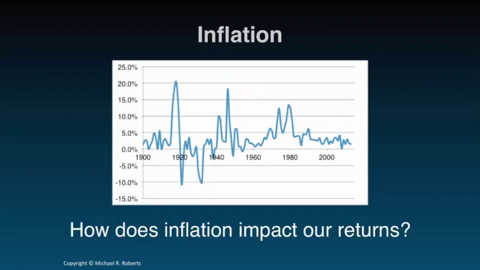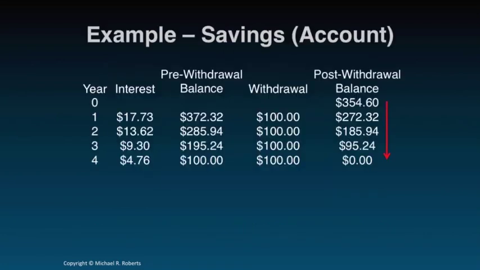How does inflation impact our returns in particular? Let's revisit the example we've done over the last few lectures. Just to refresh your memory, the question was: how much do we have to deposit or save today in an account earning 5% if we want to withdraw $100 every year over the next 4 years?